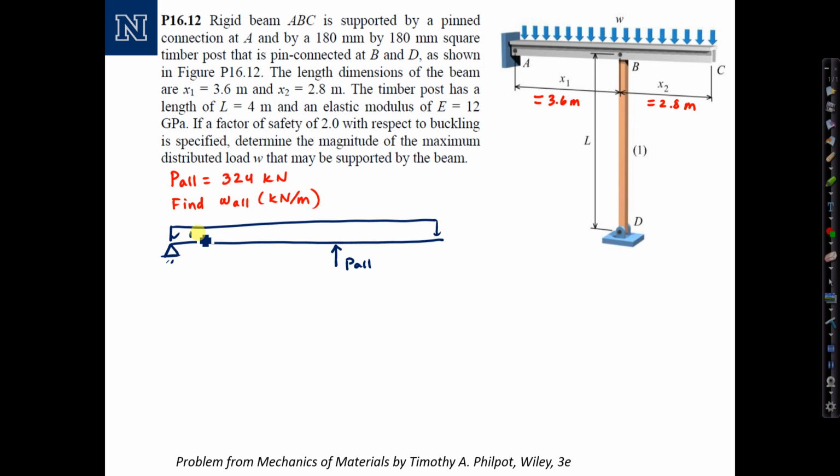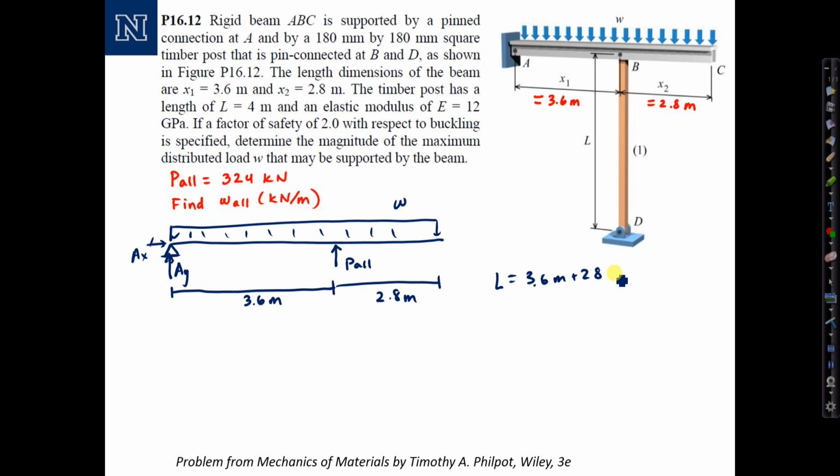And then I know that I also have the W acting on the beam. At the pin support, I'm going to develop reactions A_y and A_x. We can see that A_x is going to be 0. Let me note my distances again: 3.6 meters, 2.8 meters. And the total length of the beam is 3.6 meters plus 2.8, which is 6.4 meters.